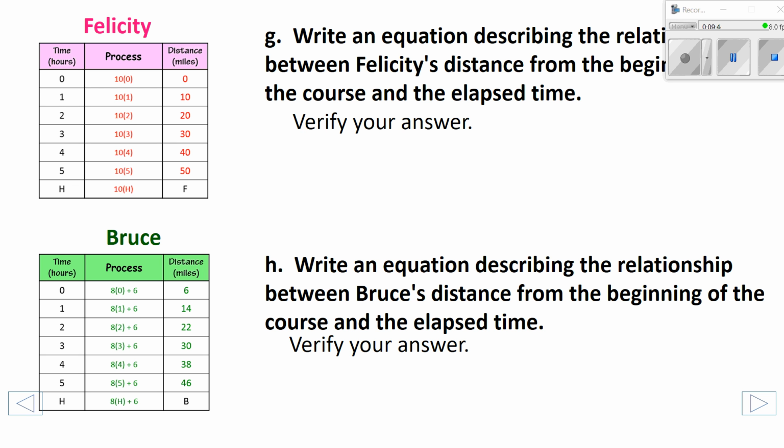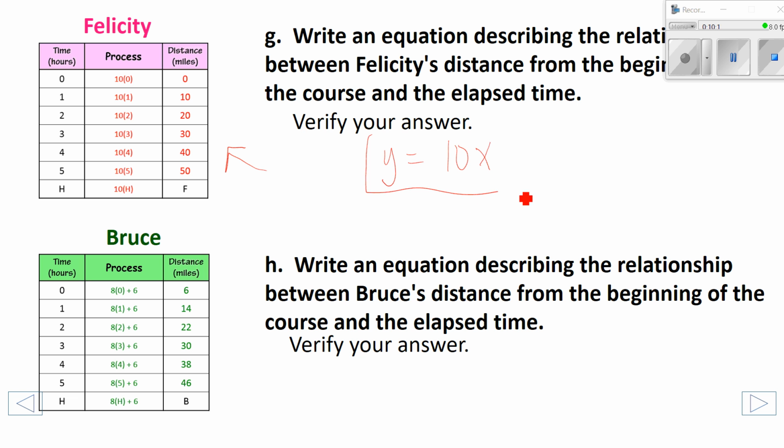So now we want to talk about writing an equation. When I go to write an equation, this one, Felicity, is what we've seen before. It says that distance is y, and we have to multiply the time by 10, and that gives us how far she went.